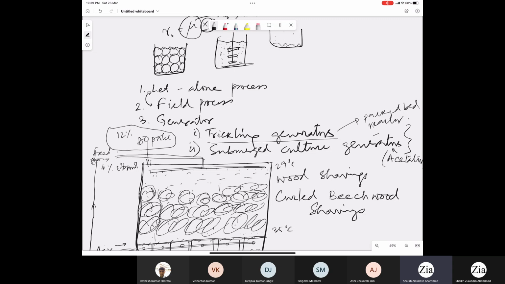And temperature control is also much easier because you can have a heating jacket or cooling jacket to maintain the desired temperature for the reactor. And other conditions like alcohol concentration: the feed, whatever raw material you use, should have at least 2% alcohol, and the final solution should not have less than 0.2% alcohol.